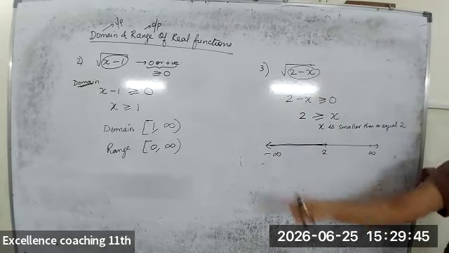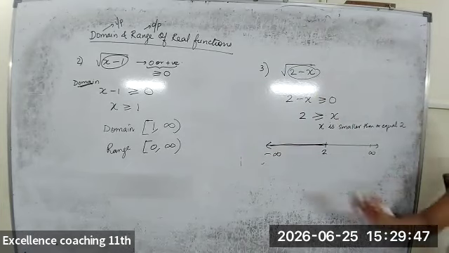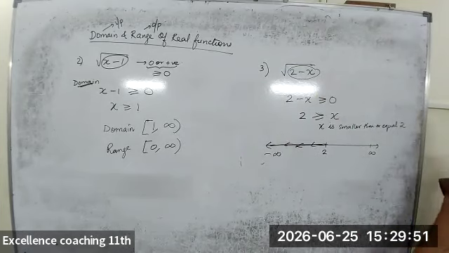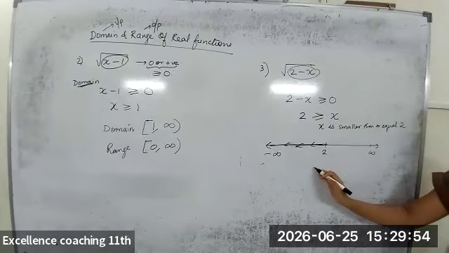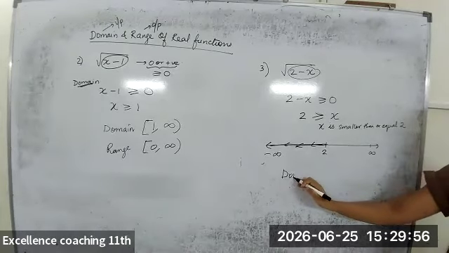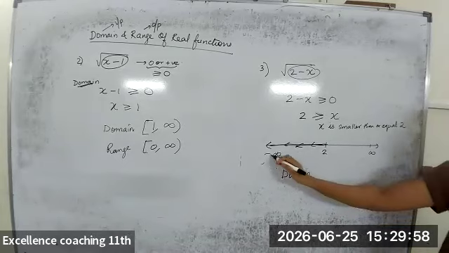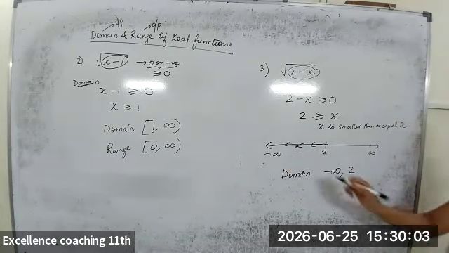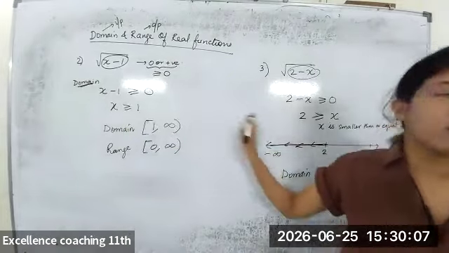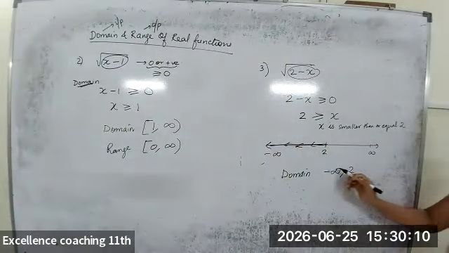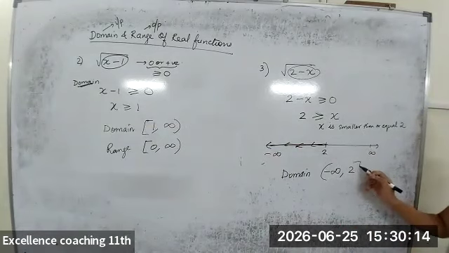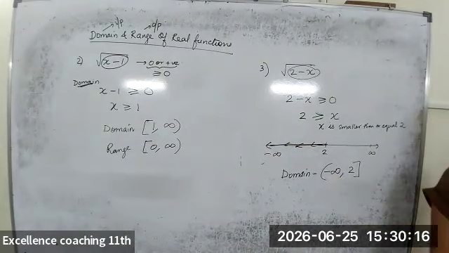How will you write the interval now? Always start with the smaller number, so minus infinity comes first, and then 2. You have to go to the left-hand side. Here we were going to the right-hand side, more than 1; less than 2 means this side. Round bracket always for infinity, and since there is an equal to sign, square bracket at 2. This will be your domain.